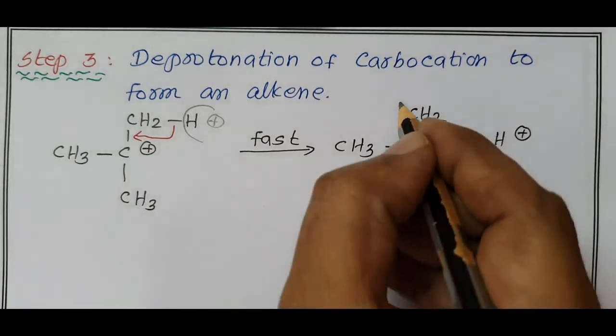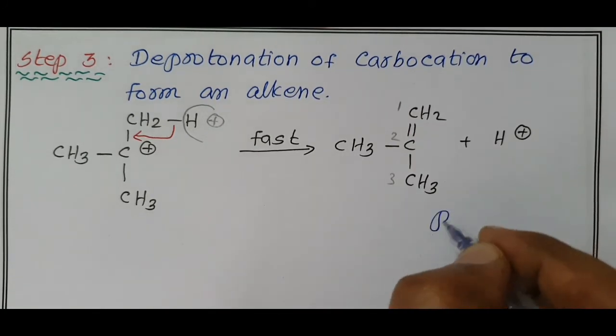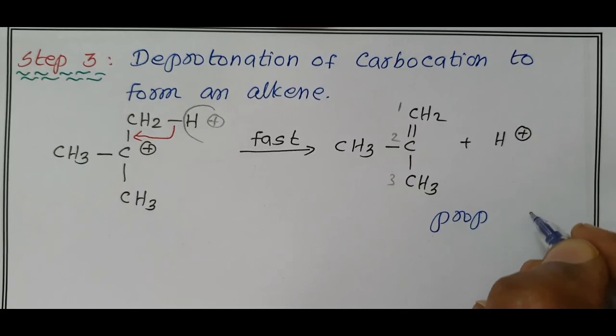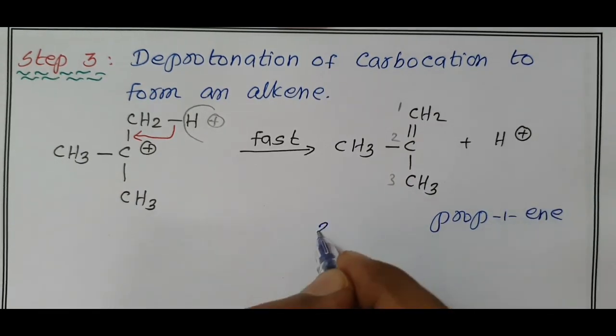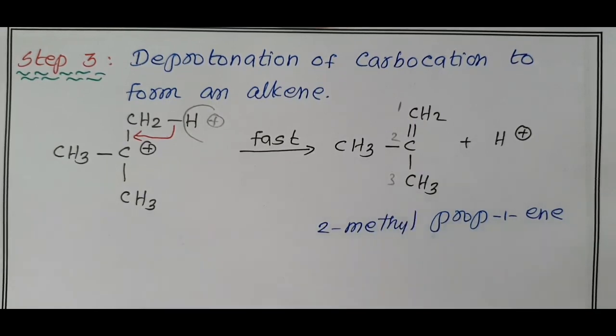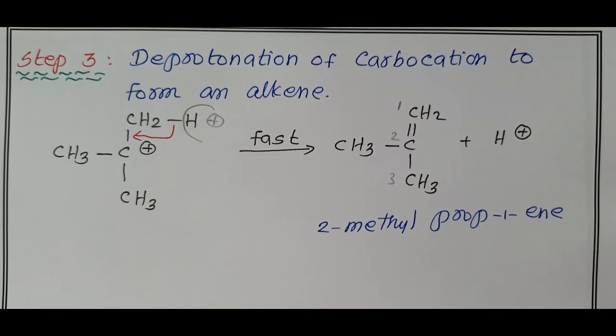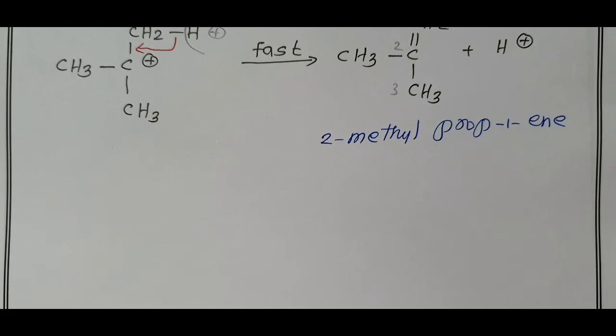When we give numbering 1, 2, 3, 3 carbon root word prop, carbon double bond, ene, position of double bond 1. In the second carbon we have one methyl, therefore 2 methyl prop-1-ene is the IUPAC name of the product formed. Among primary, secondary and tertiary alcohol, now we are going to see the order of reactivity.